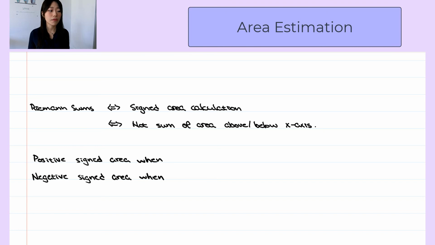And the Riemann sum is not the sum of area above and below the x-axis. So in short, we will get a positive signed area when the function is positive over an interval I. And we will get a negative signed area when the function is negative over an interval I.